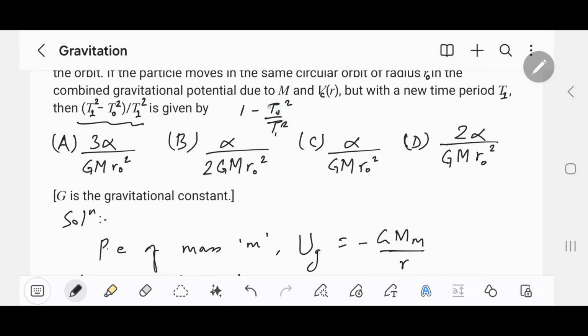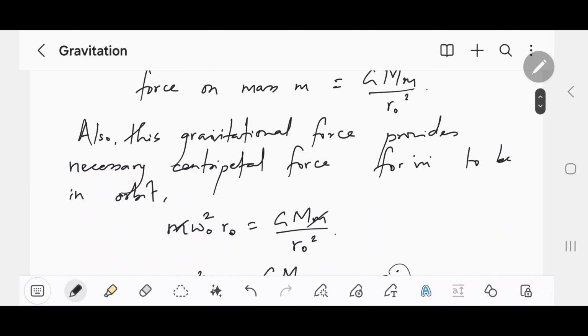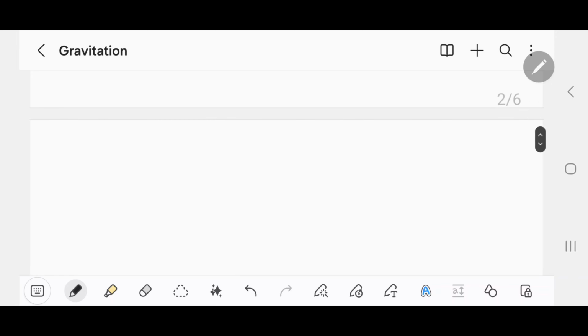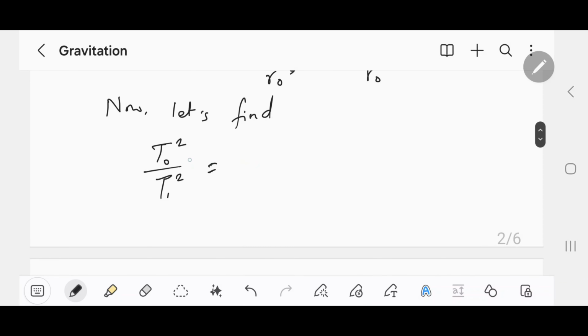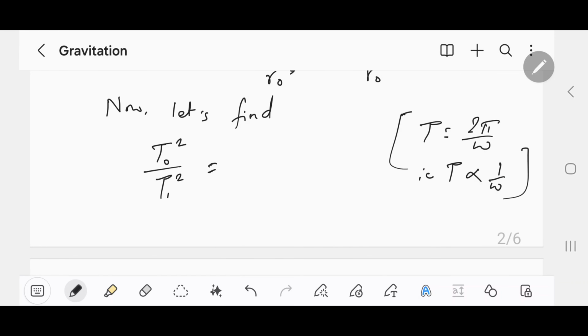So let's find t naught square by t1 square. But we know T equals 2 pi by omega, that is, the time period is inversely proportional to angular frequency.